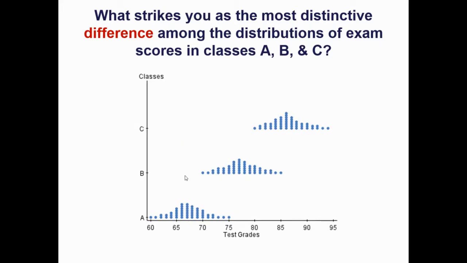Yeah, 65, 66, 67, somewhere in there. What about up here? Yeah, somewhere in there. Then what about this top one? 85, 90, somewhere in there. So the central part for each of these is in different positions, isn't it?